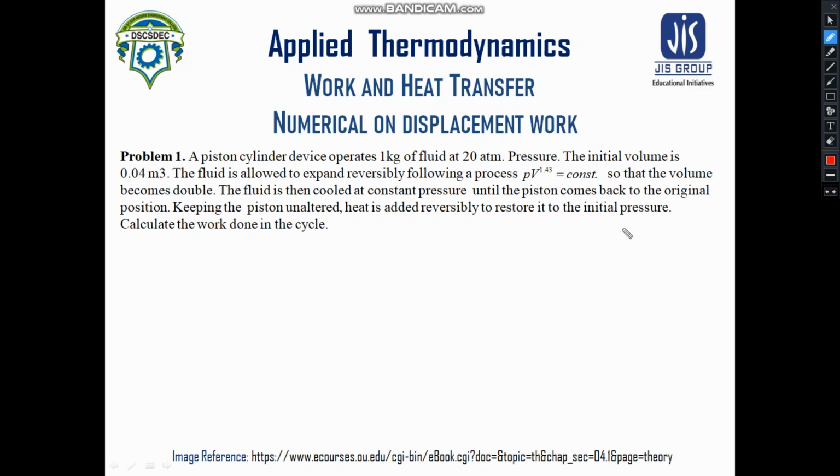So what we are discussing is the displacement work. Whenever there is a certain amount of displacement of the boundary of the closed system, that induces some kind of work which we define as displacement work. When we start to calculate it, we find this work to be defined as PdV work.